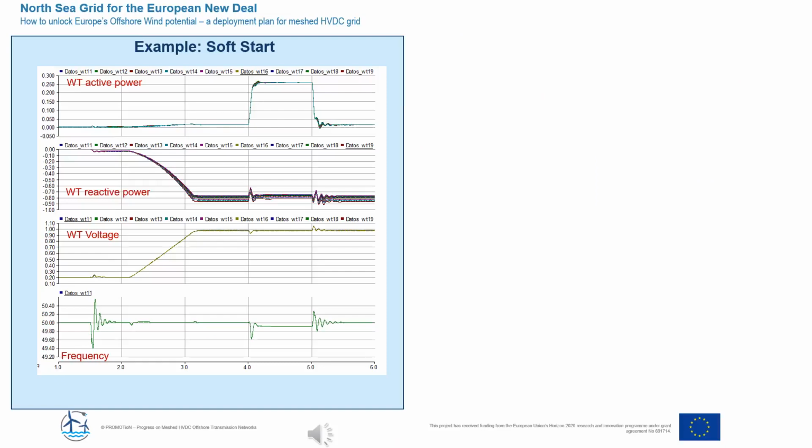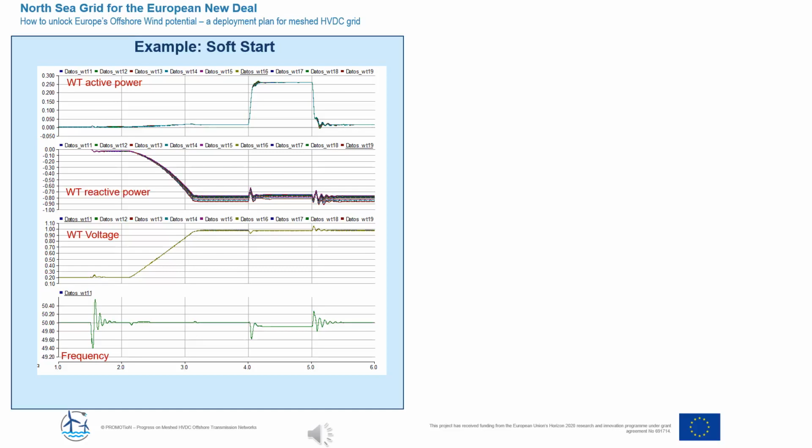We have two more examples. One of them is now a soft start operation, where all the breakers are closed from the wind farm to the onshore substation, and then the voltage is ramped up. These are the wind turbine active power, wind turbine reactive power, wind turbine voltage and frequency.